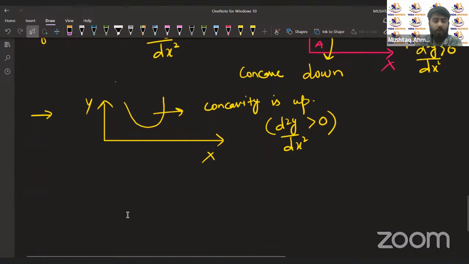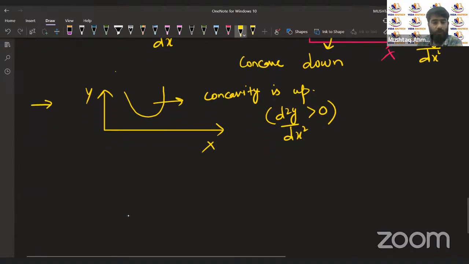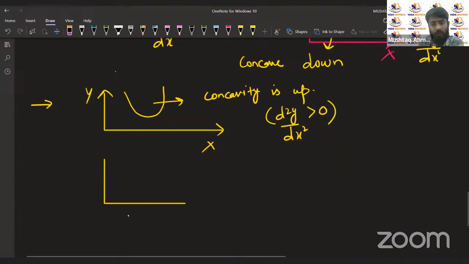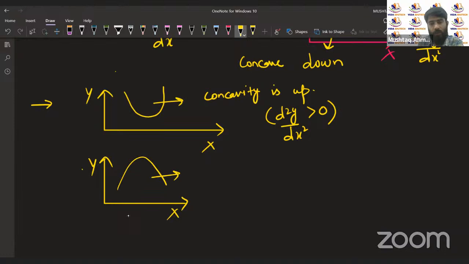And similarly, if we plot a downward parabola like this, its concavity is down. Concavity down means the second derivative of this parabola will always be negative.